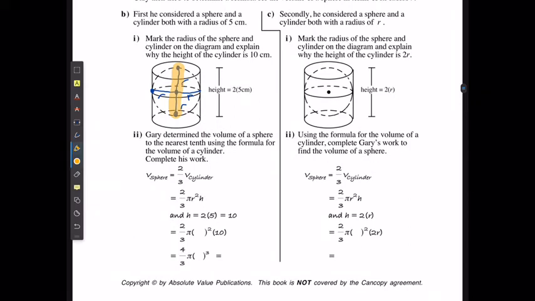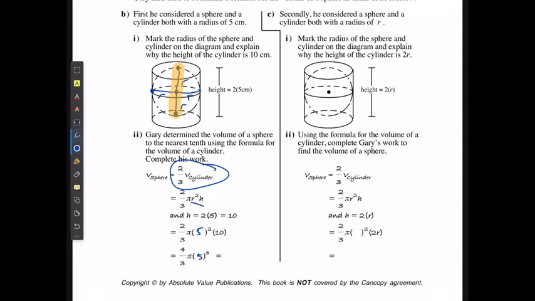Gary determined the volume of the sphere to the nearest tenth using the formula for the volume of a cylinder, and he said that the volume of a sphere is going to be 2/3 the volume of a cylinder, or 2/3 pi r squared h, which means that in this case, if h is equal to 2 times 5, or 10, then it's going to be 2/3 pi 5 squared times 10, or he said that this could be the same as 4/3 pi times 5 to the power of 3.